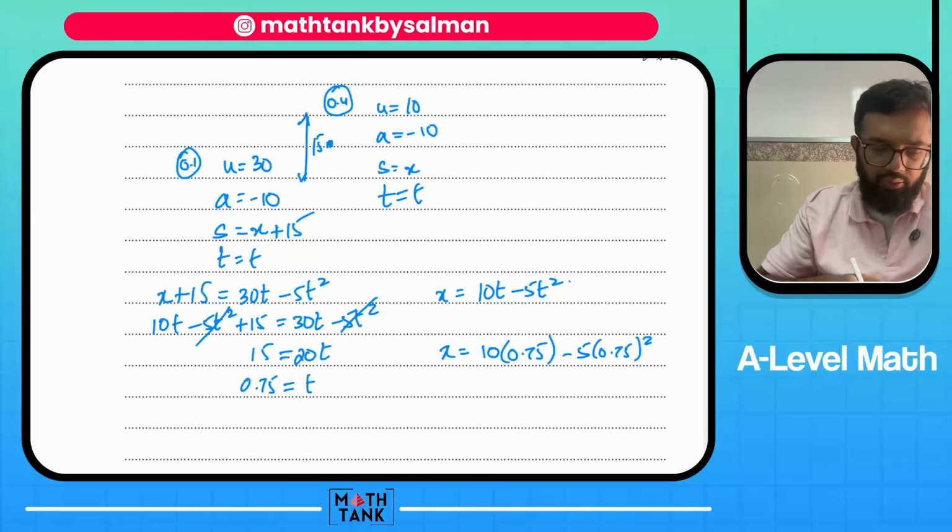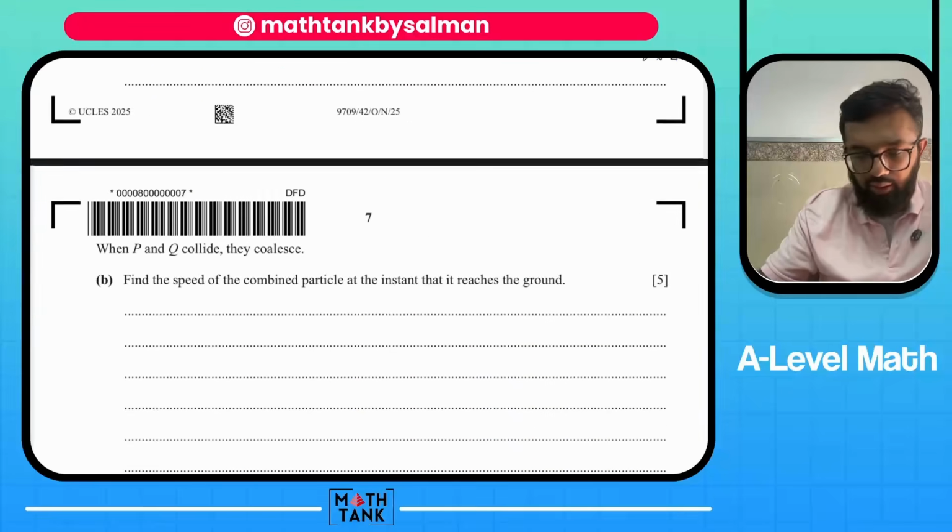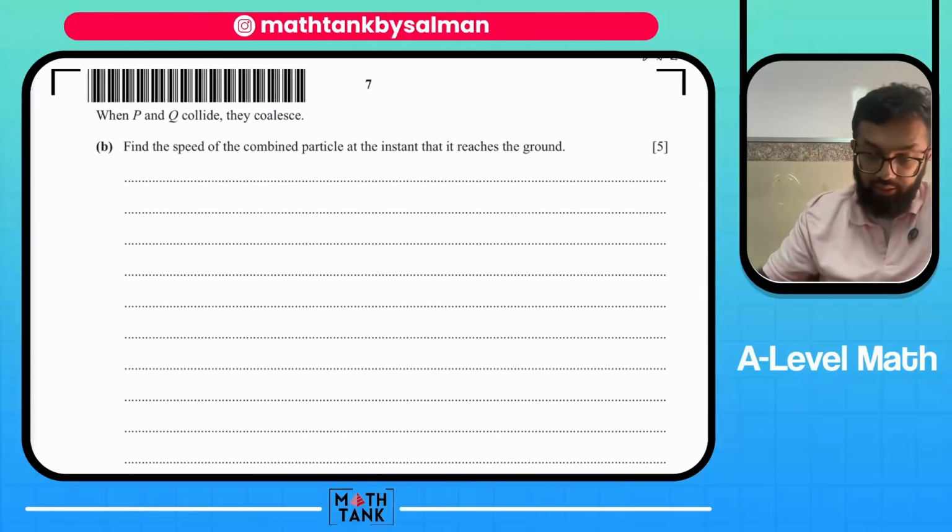So 10 into, this is a very typical question, 4.6875. Height above ground is x plus 15, 19.6875. Okay, that was easy. When P and Q collide, they coalesce.